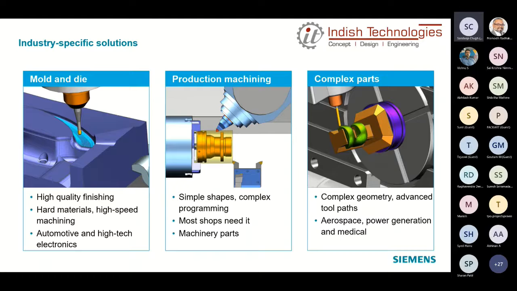And for the third category, complex parts, yes, NX has everything you look for. You have so many choices for creating the strategies, for controlling the projection vectors, for controlling the patterns, for controlling the tool axis. There won't be anything you want to machine that way where NX does not give you the latitude, the freedom to do that.